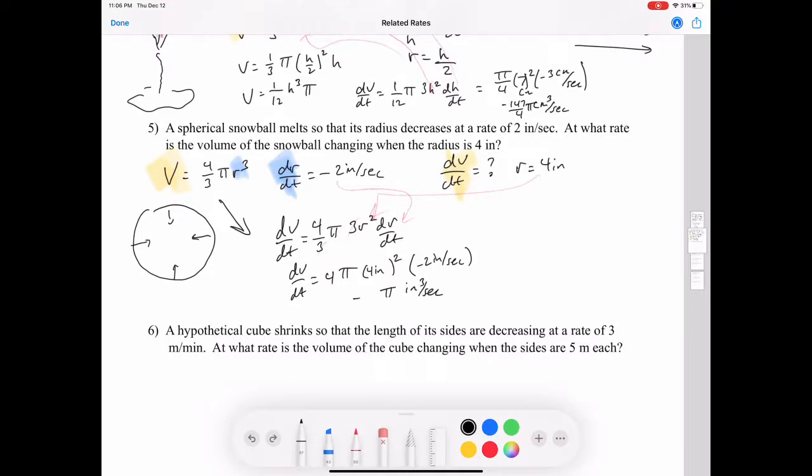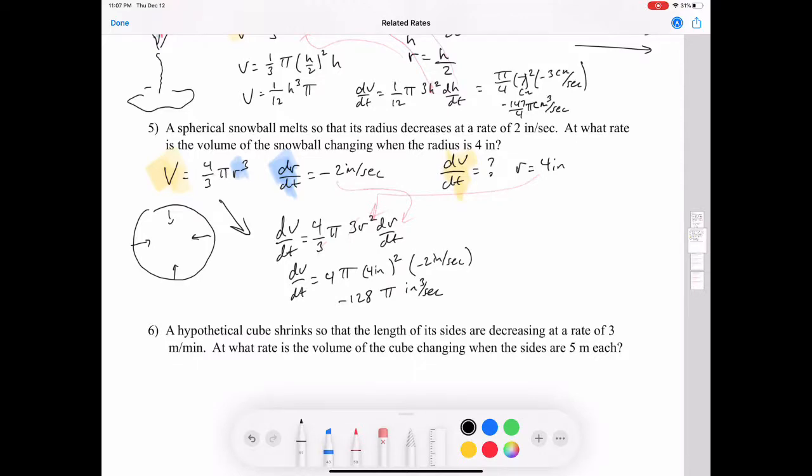As we multiply all these together, 4 times 4 is 16, 16 times 4 is 64, and 64 times 2 is 128. So negative 128 pi inches cubed per second.